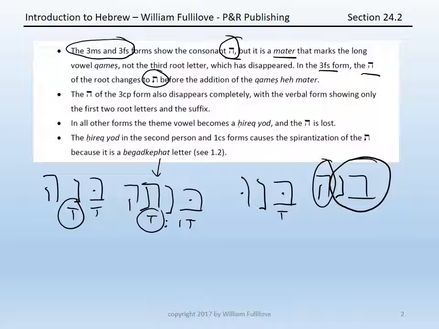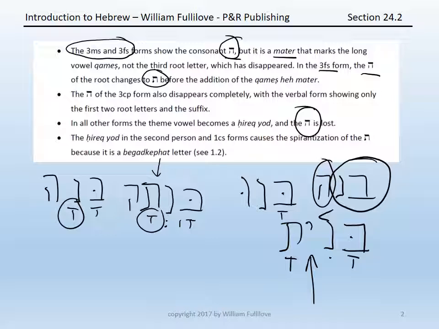In all other forms, however, the hey of the root has become a hireq yod mater. Consider the second masculine singular form, banita. In this form, you will notice that you have the hireq yod. This yod is the replacement for the hey of the root.